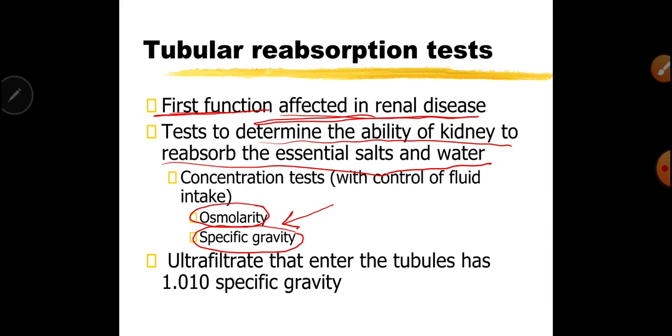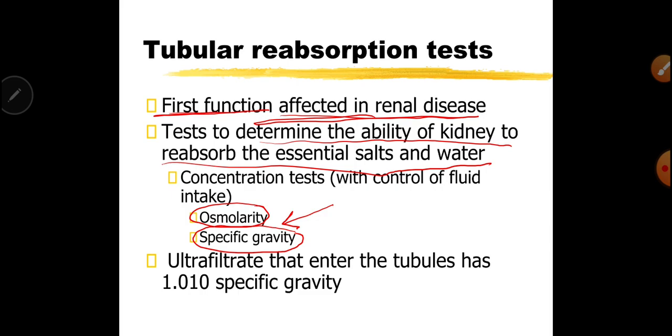So urea found in urine contributes more to the specific gravity compared with sodium, with its small structure. But in the case of osmolality, it will not be affected by the size of the solutes. It will be affected only by the number of solutes found in urine.